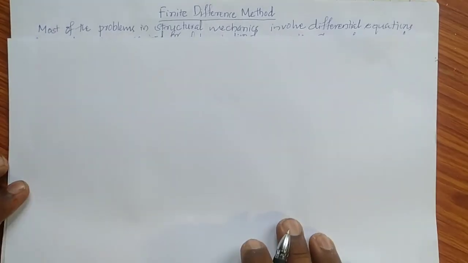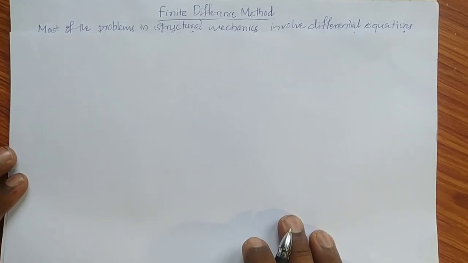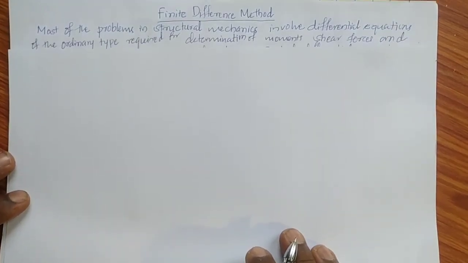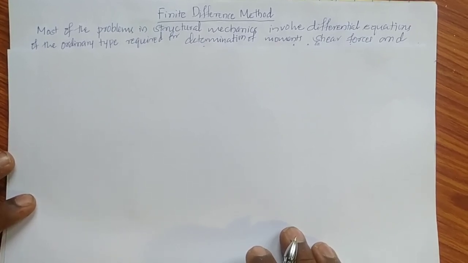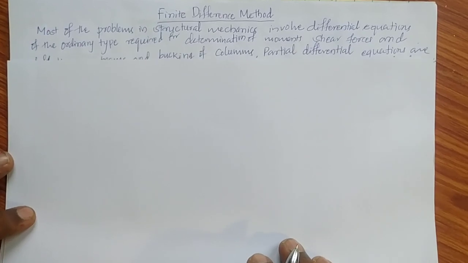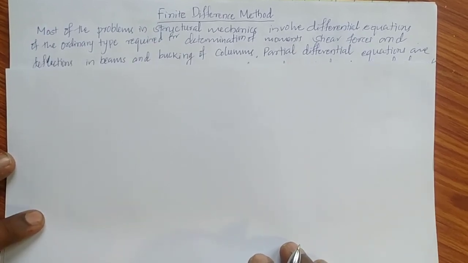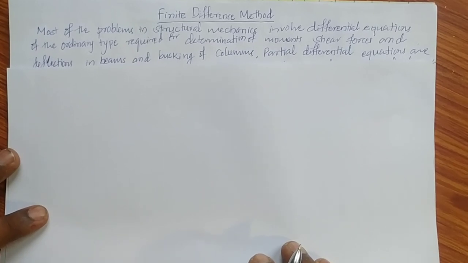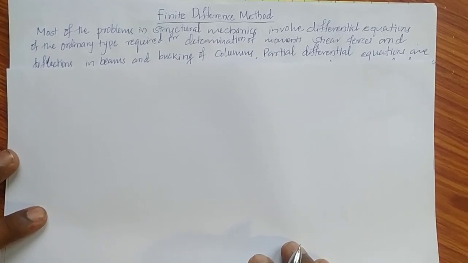Most of the problems in structural mechanics involve differential equations of the ordinary type, required for determination of the moment, shear forces and deflections in beams and buckling of columns. You might have seen slope and deflection finding in the case of beams.